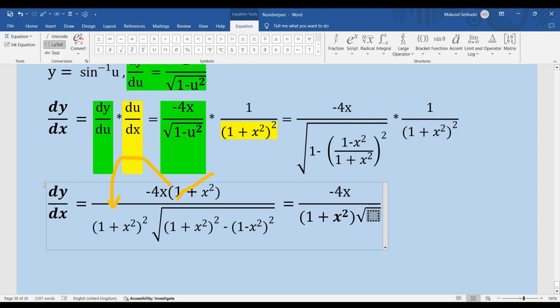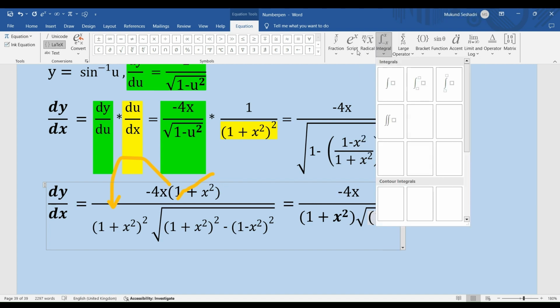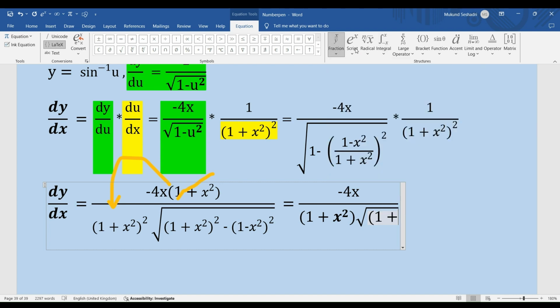So what is my a minus b? My a minus b is 1 plus x square minus of 1 minus x square, right? Which becomes 1 plus x square minus of 1 minus x square becomes again a plus here.